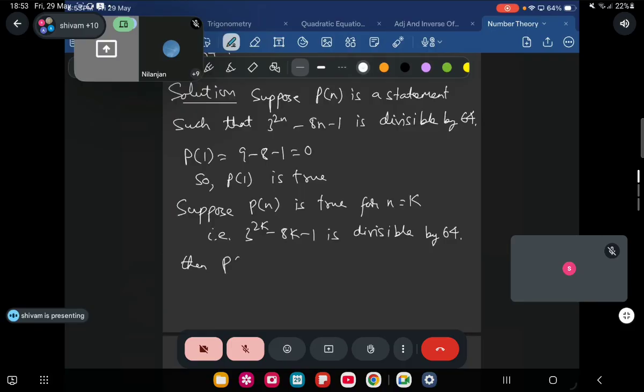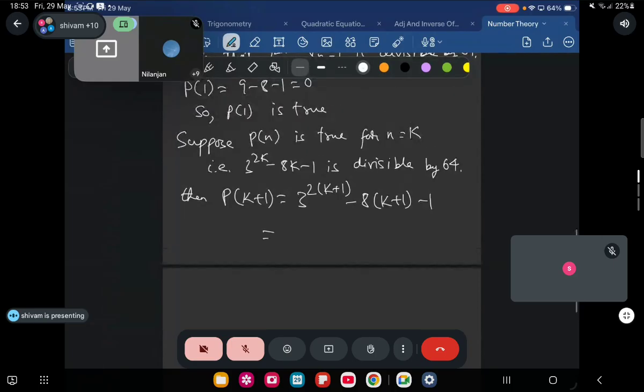Okay, Pk plus 1. What is Pk plus 1? Pk plus 1 is 3 to the power 2 into k plus 1 minus 8 into k plus 1 minus 1. Okay, let us simplify everyone. On simplification, what do we get? 3 to the power 2k plus 2 minus 8k minus 8 minus 1.